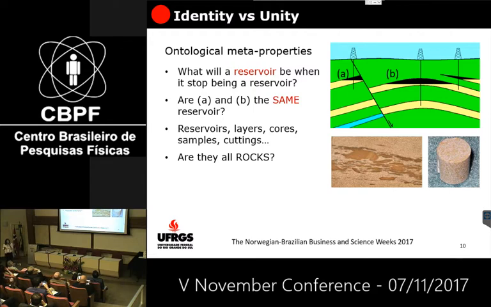Why are they important? Because they help us understand the difference when I am talking about a geological object like a reservoir and a geological object like rock or some amount of matter. Why is this important? Because some properties that I have in a reservoir are not the properties of the unit from which I am extracting oil, but the properties of the rock.